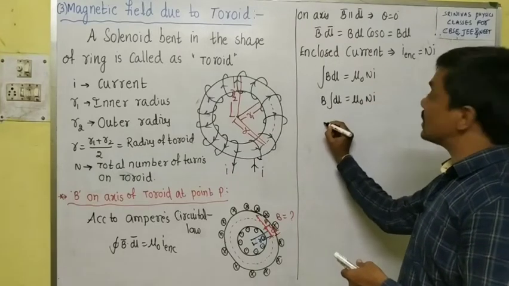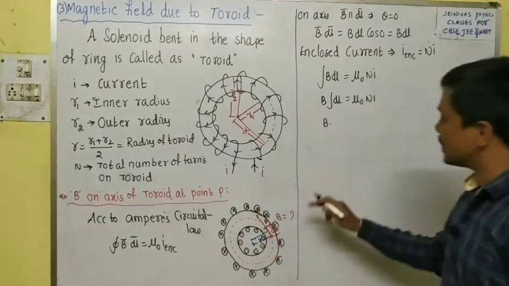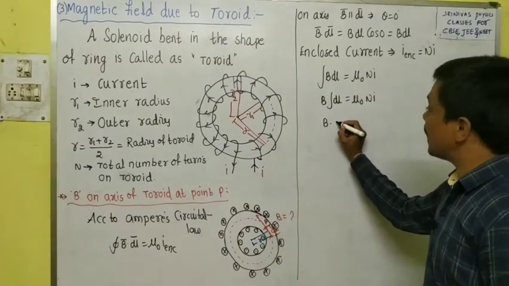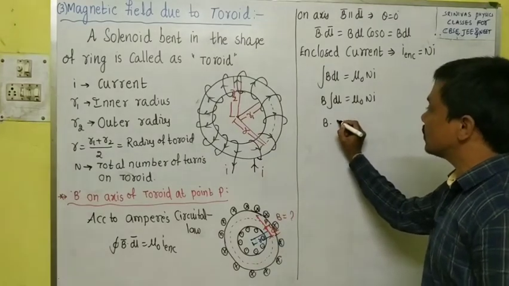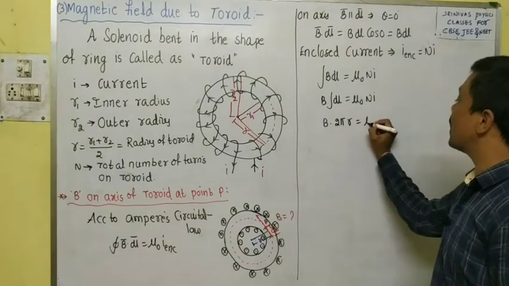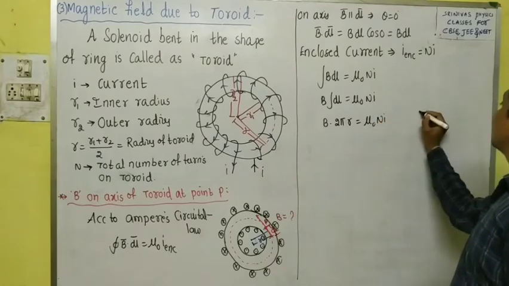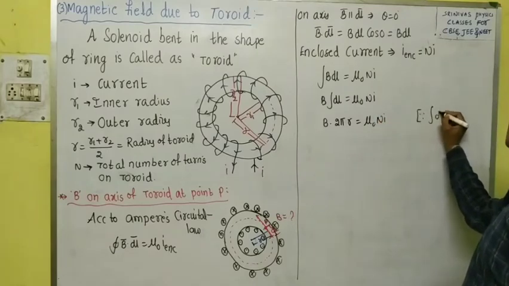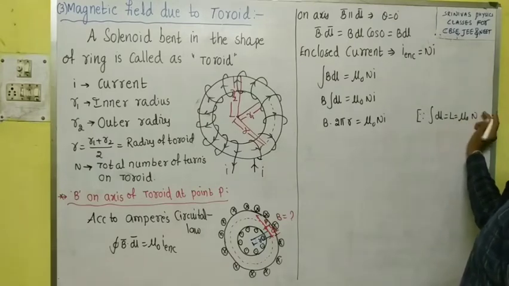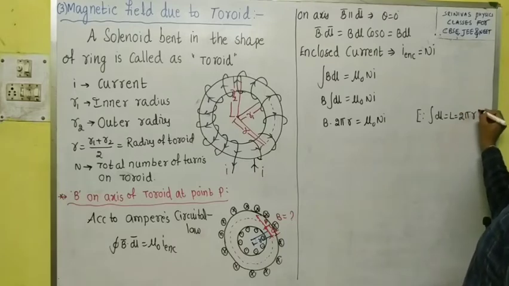Then integration dl is the total length L, the length of this red circle, which is 2 pi r because its radius is r.